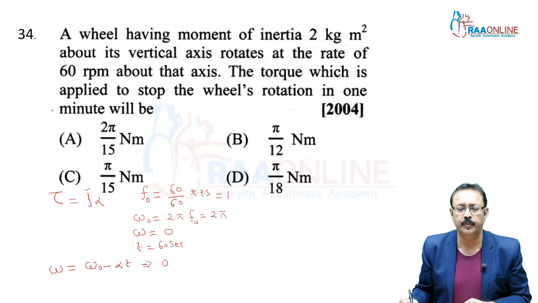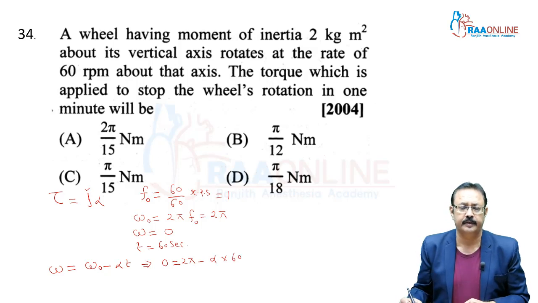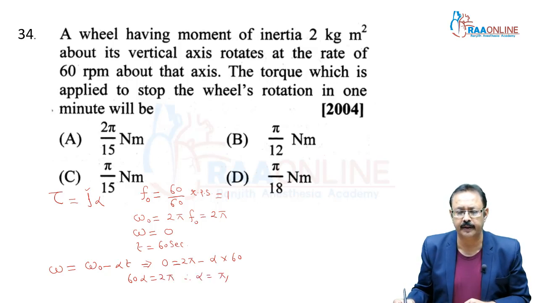Omega is 0, omega naught was 2 pi. Alpha we want to calculate, time is 60. So 60 alpha is equal to 2 pi. Therefore alpha is equal to pi by 30.